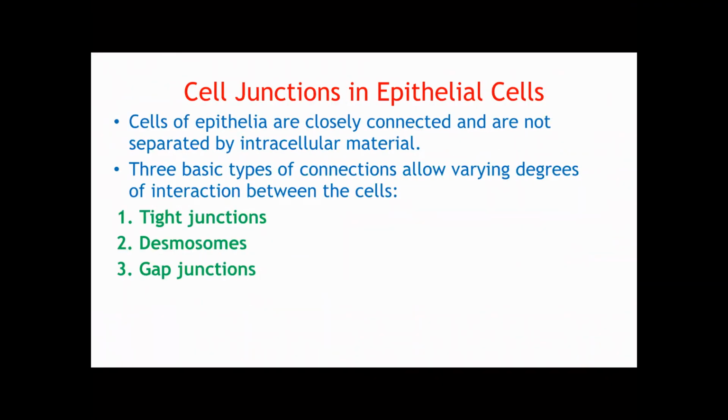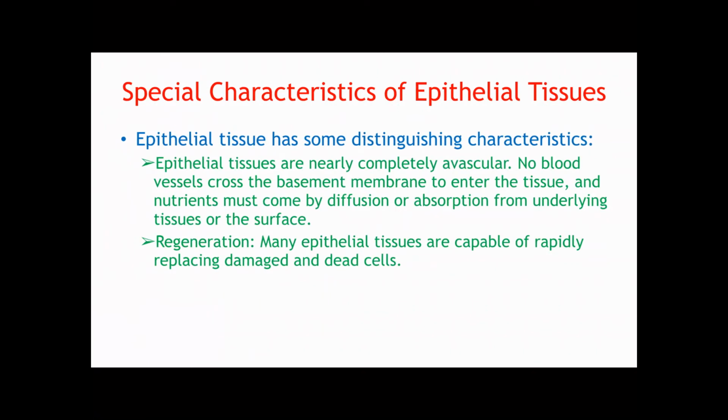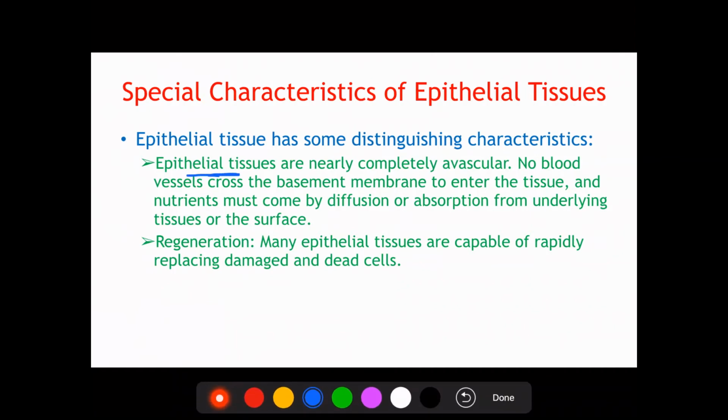The third one, epithelial tissue is almost always avascular. What does avascular mean? It means there are no blood supplies or no blood vessels going through the epithelial tissue. So if you cut epithelial tissue, no bleeding, no blood. So how do they get their food, oxygen, and so on? By diffusion.